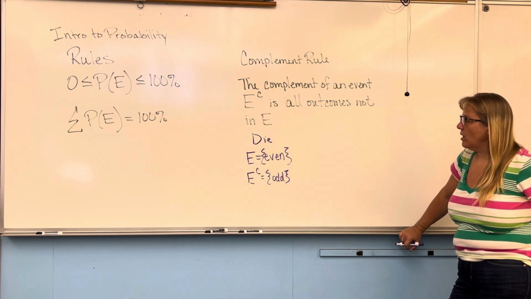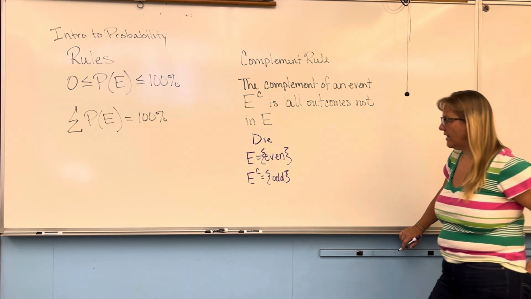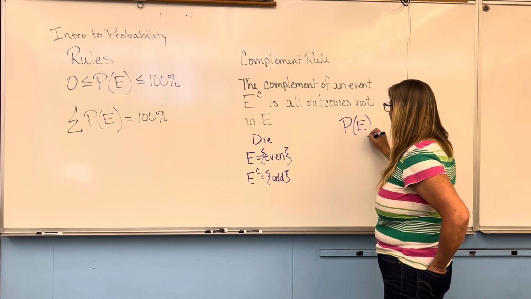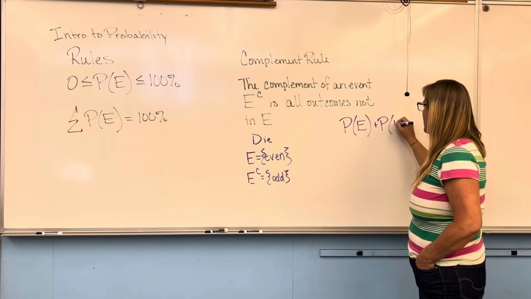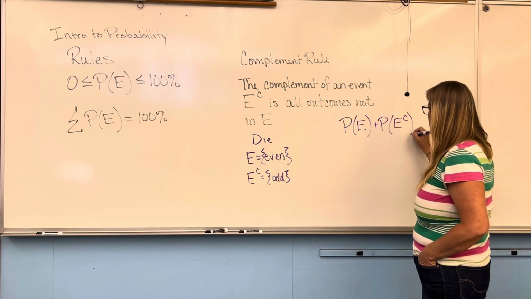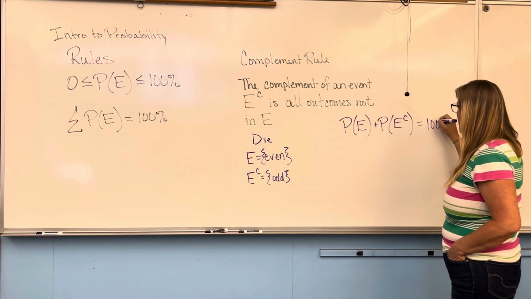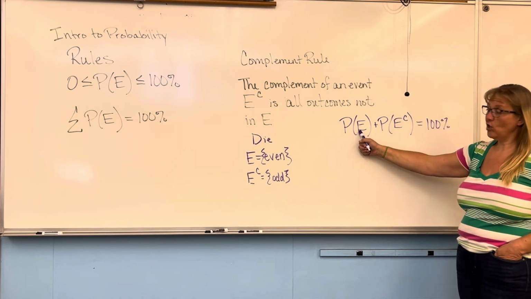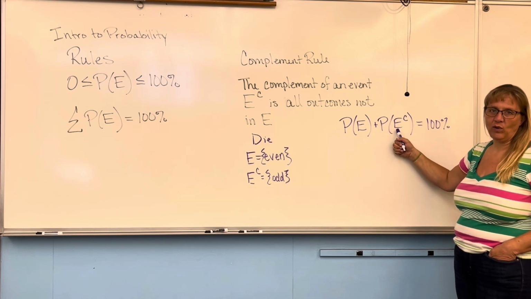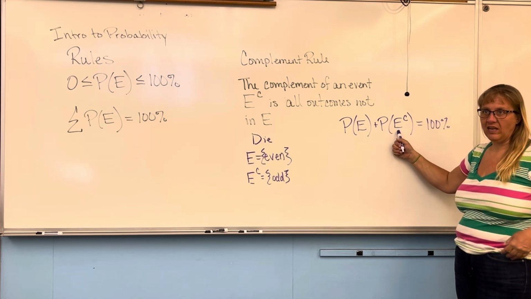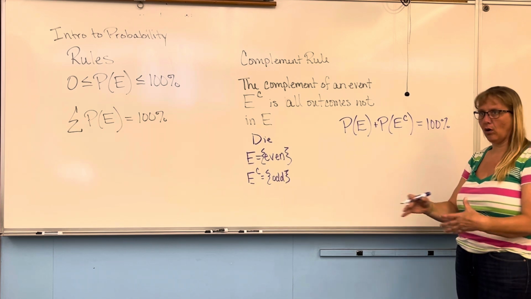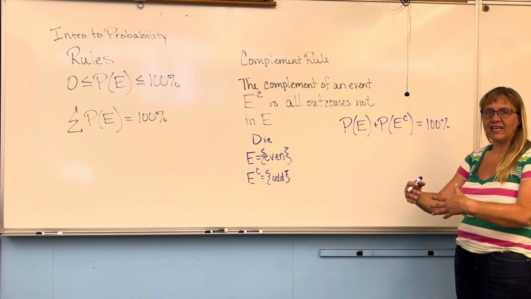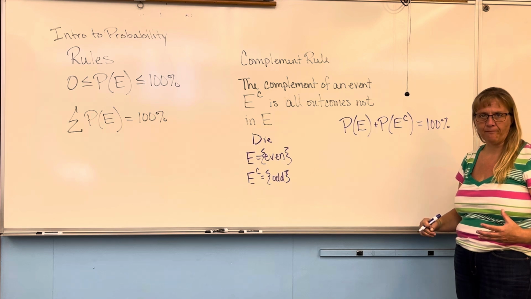And the rule there looks like this. If you take the probability of E plus the probability of E complement, you will get 100%. If you take everything that you want and you combine it with everything you don't want, now you have all of the outcomes. So together that makes 100%.